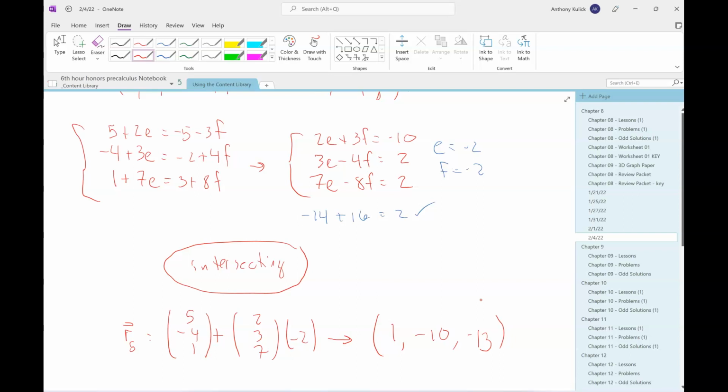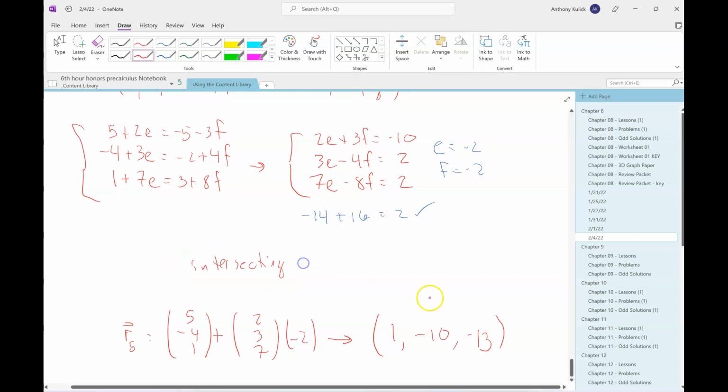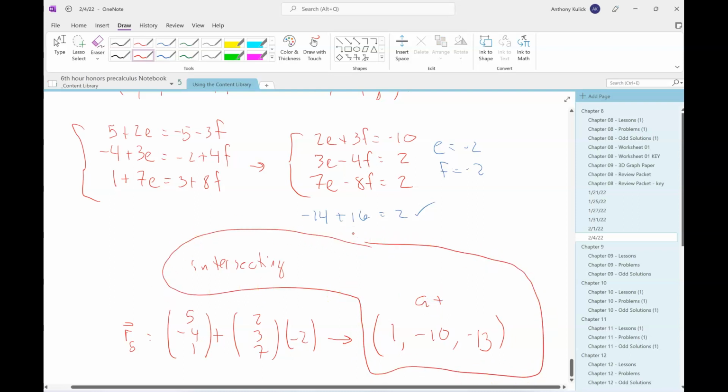Forgot to multiply by the 2. I just made it negative, I think. So there's 121.